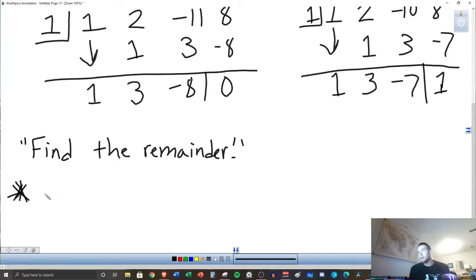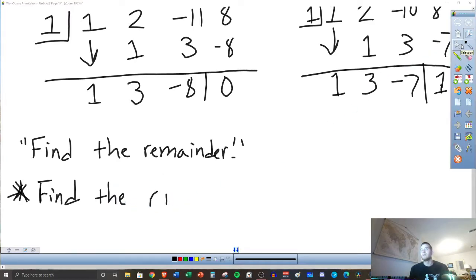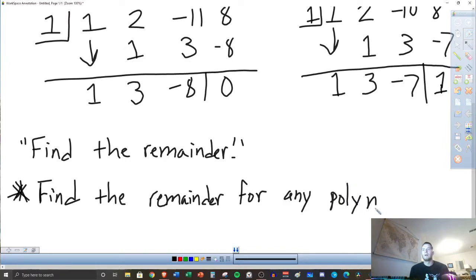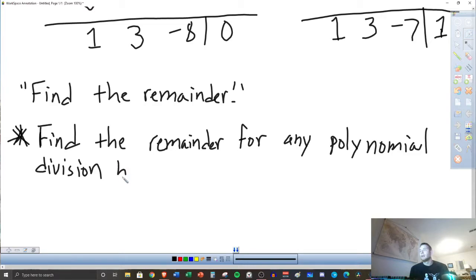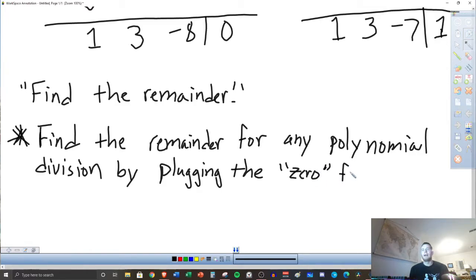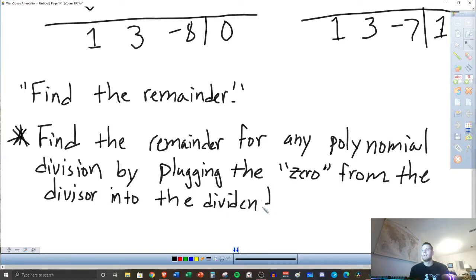So you can find the remainder for any polynomial division problem by plugging the 0 from the divisor into the dividend. There we go. So what does this rule mean?